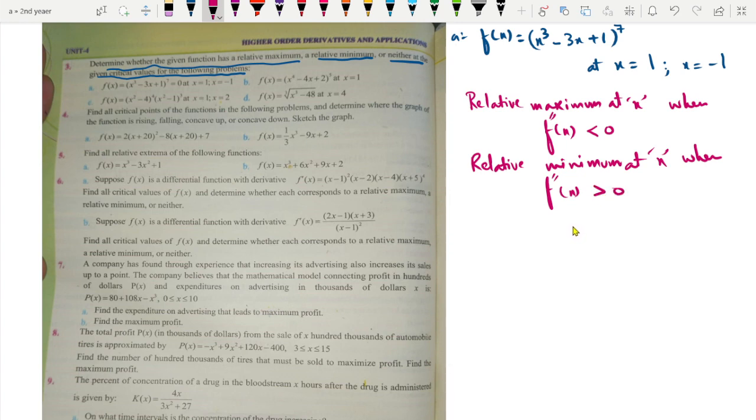So we will take the double derivative of this function and put x equal to 1, and then x equal to minus 1.